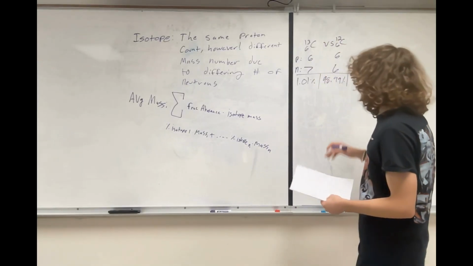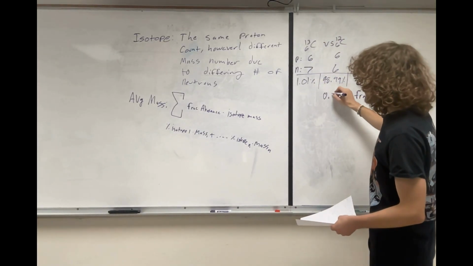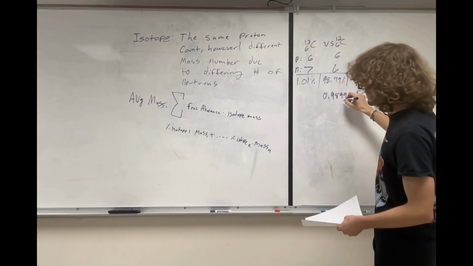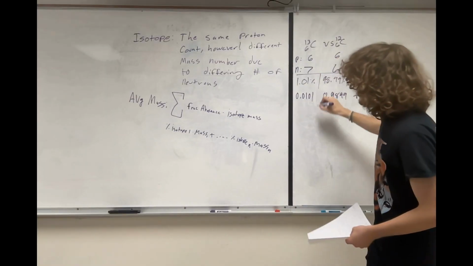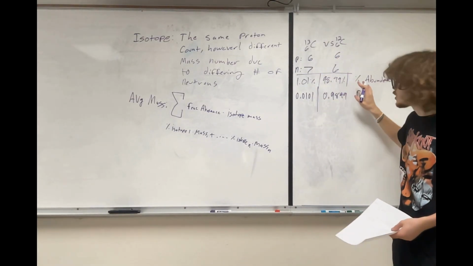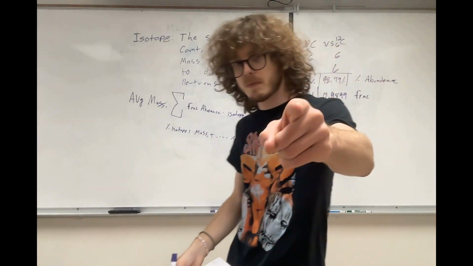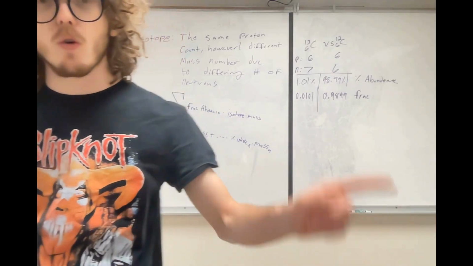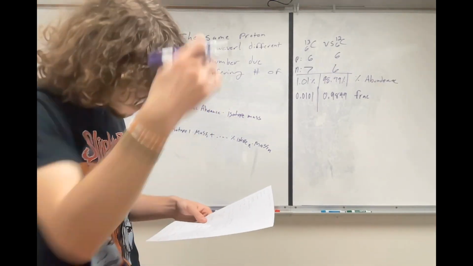Fractionally, this is 0.9899, and this is 0.0101, right? So just remember that if you want to convert a percentage into a fraction, you divide by 100. Keep that in mind.